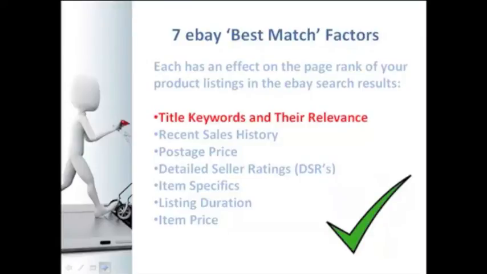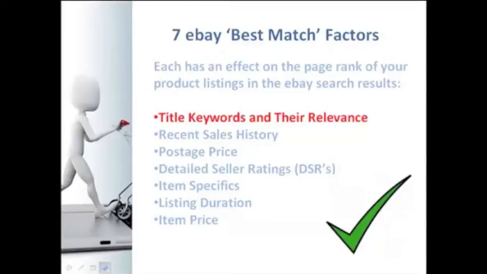So obviously title, keywords, and their relevance, which I'm going to go on and talk about now. Recent sales history, your postage price, your detailed seller ratings, your item specifics, your listing duration, and your item price. These are all really important and all come into play, but the most important are your keywords. So that's what I'm going to stick with tonight for the webinar.